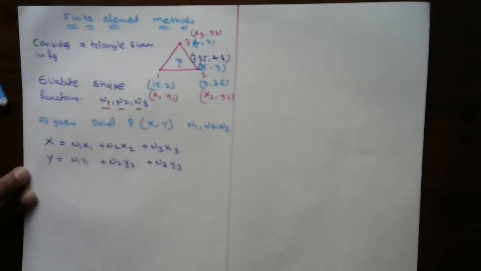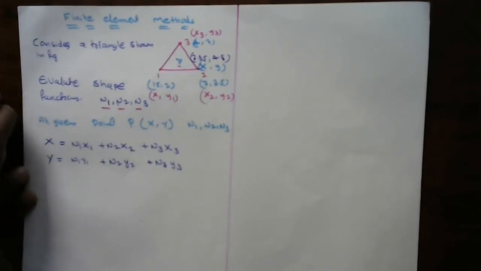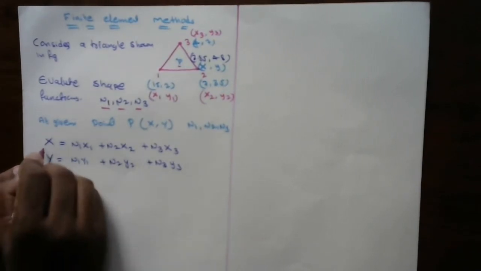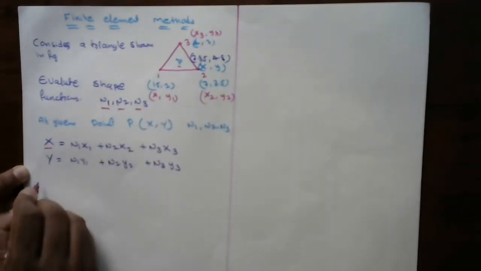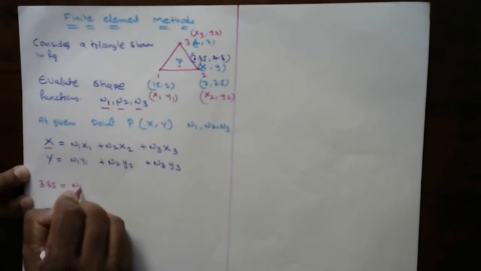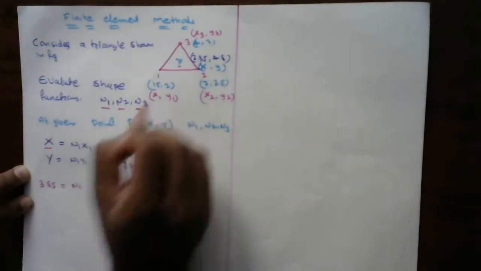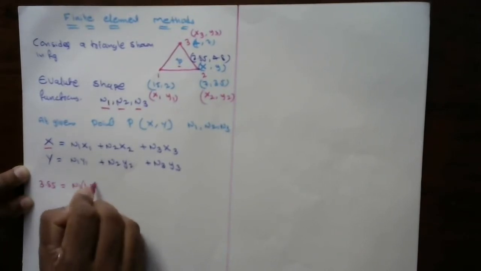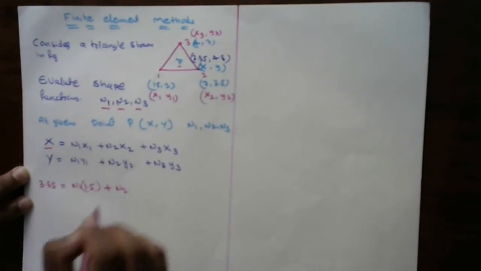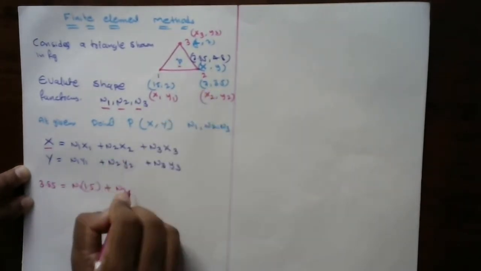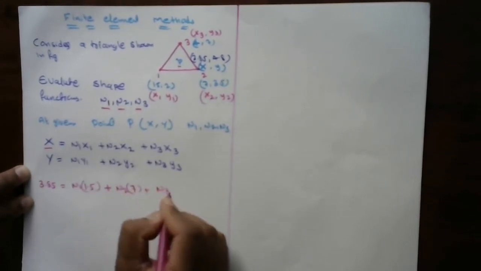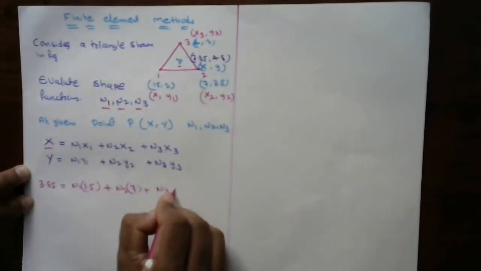So using these two equations, let us try to find out the values of the shape functions n1, n2, n3. x at the given point P is given as 3.85, and that must be equal to n1 times the x1 value from the given triangle, which is 1.5, plus n2, because we don't know the value of n2, times x2, which from the given triangle is 7, plus n3 times x3, which is given as 4.